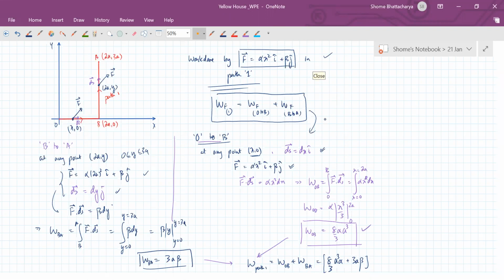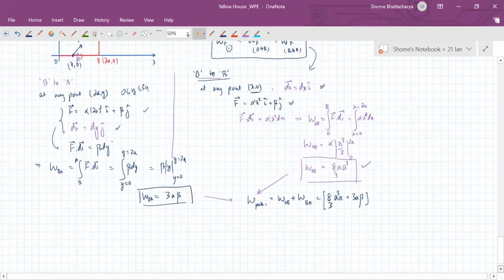Okay, now we have to repeat that same thing for the second path. So second time we just repeated for the other path.